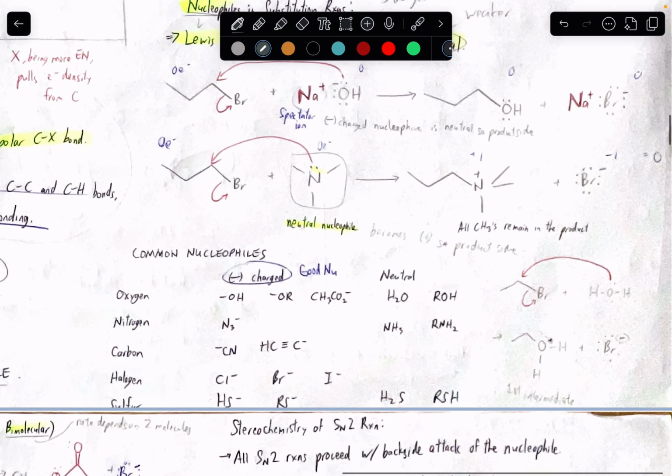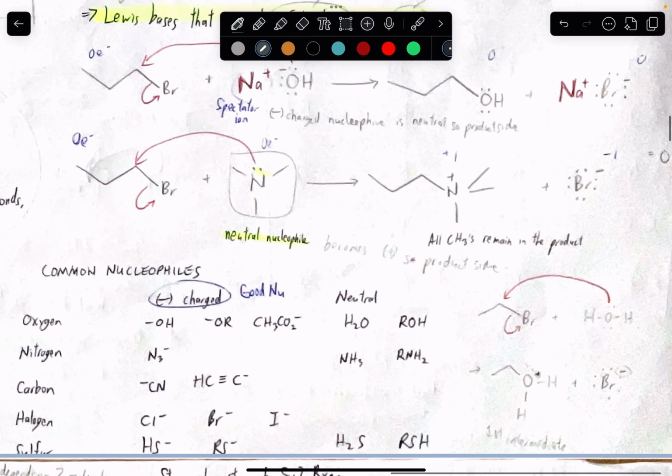Okay, so here are the common nucleophiles. Again, good nucleophiles are the ones that are negatively charged. We have hydroxide, OR, CH3CO2 minus, N3 minus, cyanide, chlorine, bromine, iodine, HS, RS, H2S.